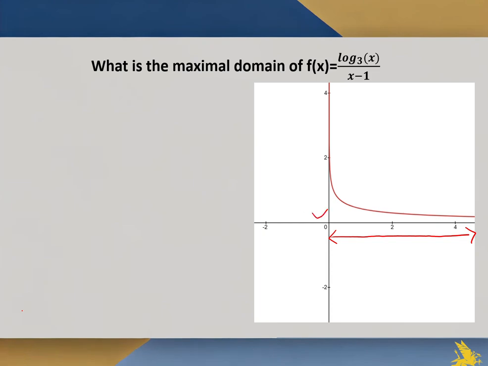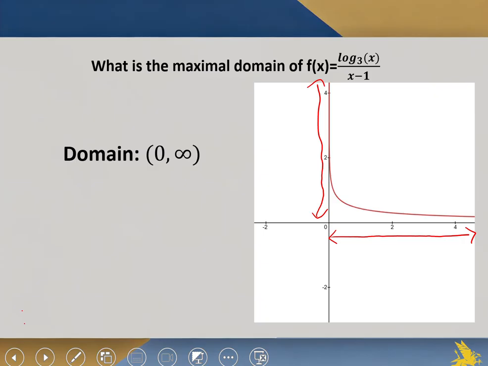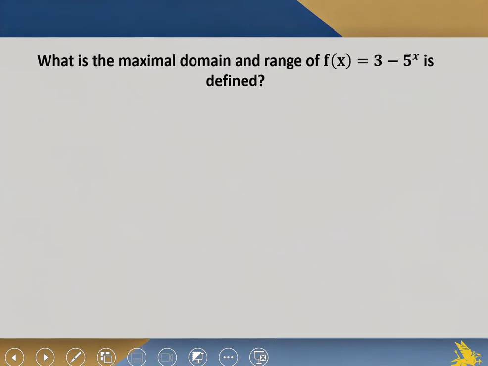Likewise, our y gets as close as possible to 0 and goes all the way up to infinity. So that tells me it would be 0, comma infinity for my domain. Just be mindful that it can't equal 0, so it'll be a rounded bracket. Our range will be the same.